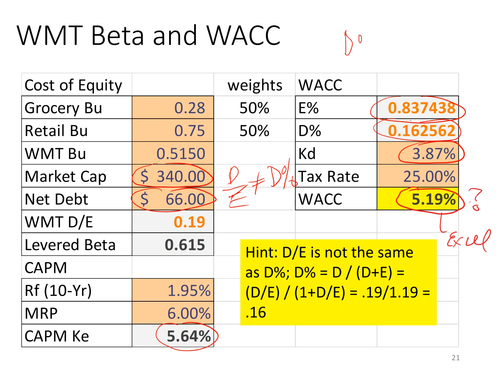The debt percent ratio is equal to D over D plus E. However, there's a simple way to convert a D/E ratio to a debt percent ratio. You just take your D/E ratio over 1 plus the D/E ratio, and that will convert it to a debt percent ratio. So Walmart has a 0.19 D/E ratio, and if I divide the D/E over 1 plus the D/E, I get 0.16, which is their debt percent from calculating it directly.